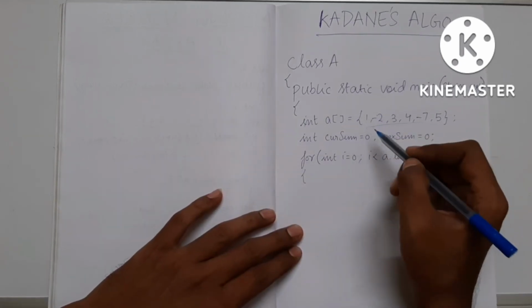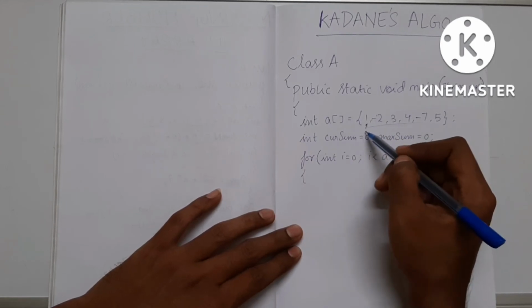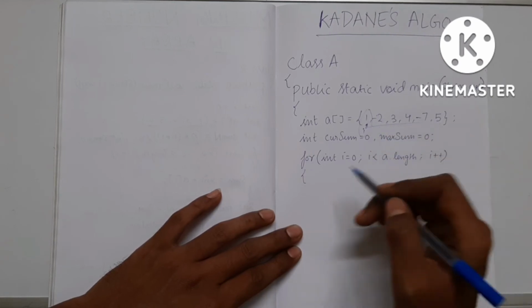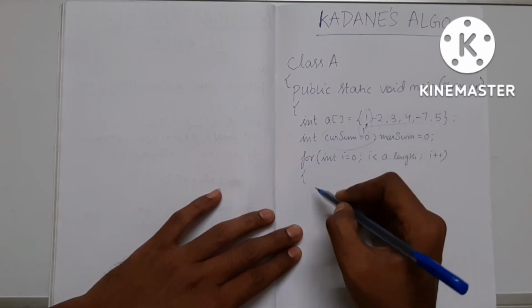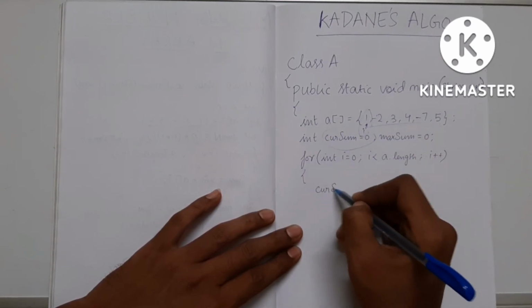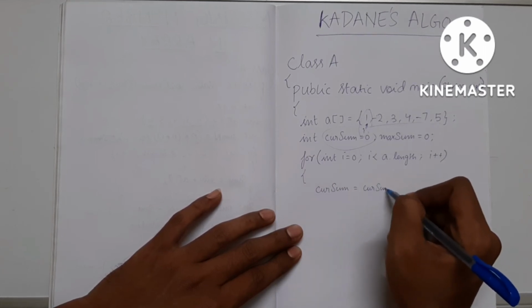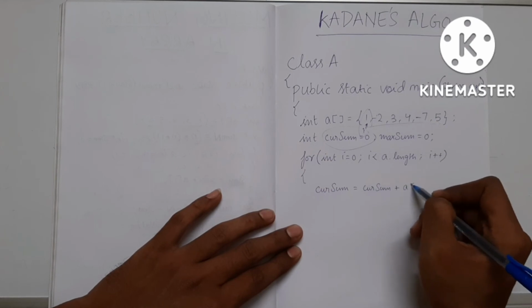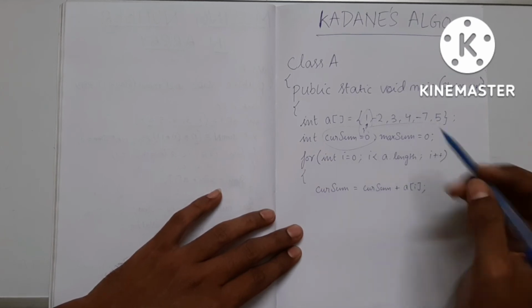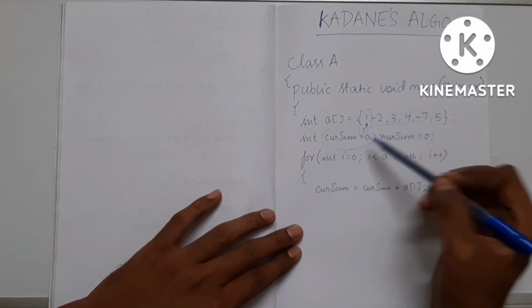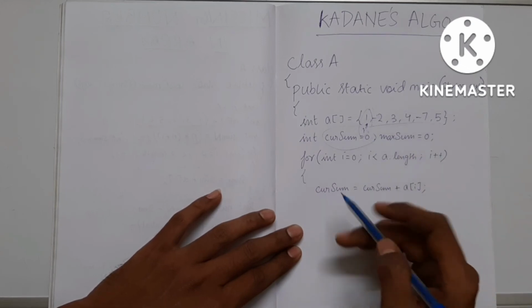So as I have explained, now i is pointing over here, so we are going to add this value into current sum. So we'll say current sum equal to current sum plus the value present at the ith index. So we are adding this to current sum. After adding, what we have to check?